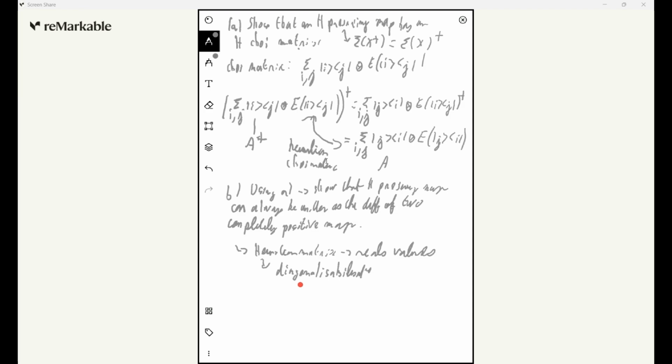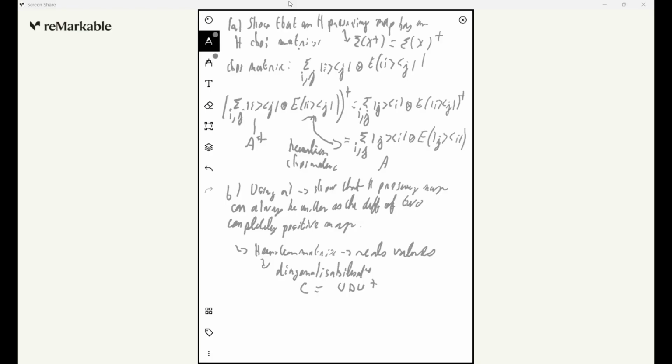So if we call it C, it's equal to... it can also be written with unitary matrices. So U D U dagger.